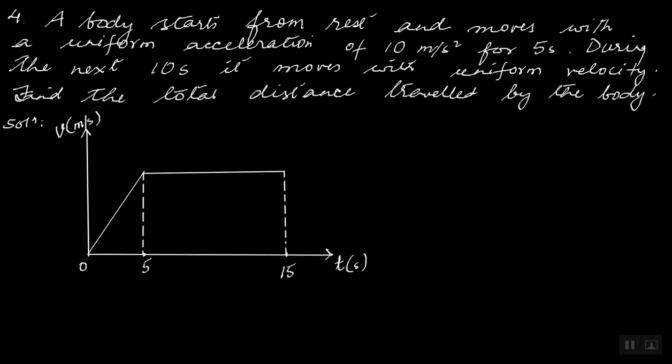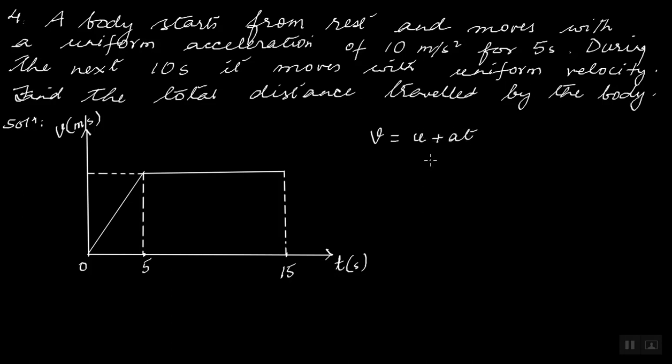All right, so what do we do first? We have to find the velocity at this point. What velocity does the body attain as it reaches this point? Which formula do we use? Let's use v is equal to u plus at, where v is the velocity after 5 seconds.